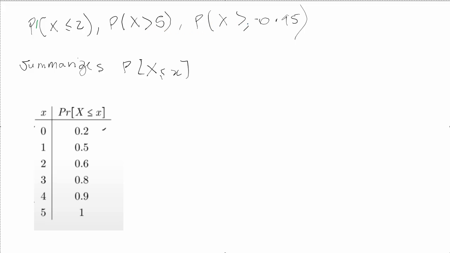What's the probability of X being more than 0.95? Questions with less than or greater than. So it's just a way to help us and ease the work a little bit compared to the PDF, right?